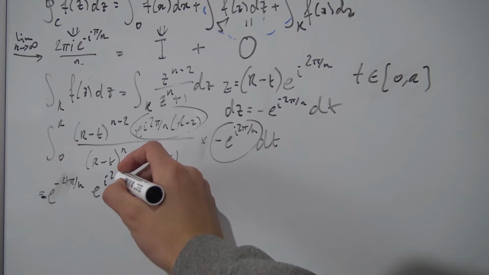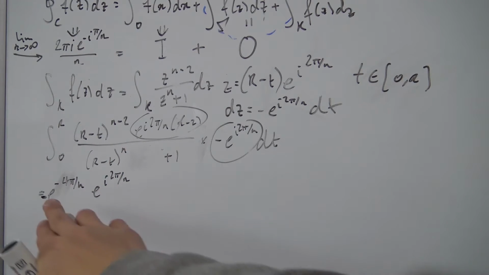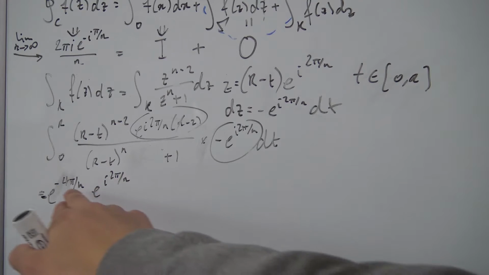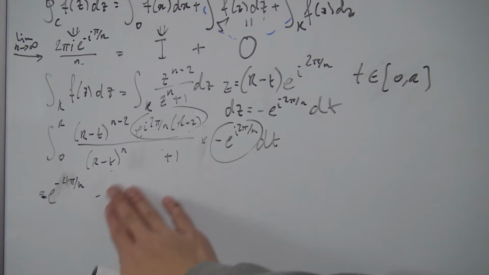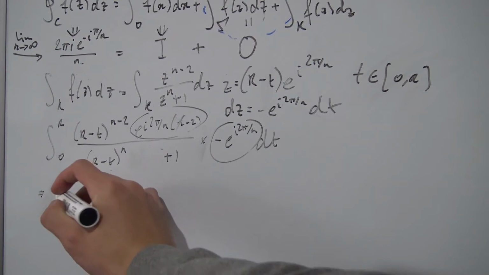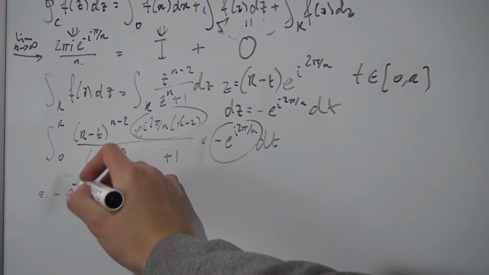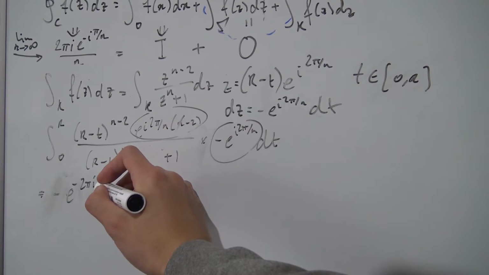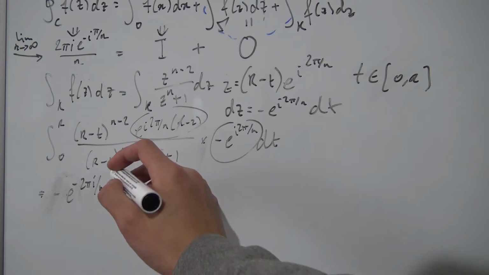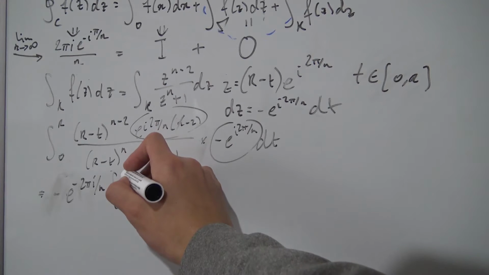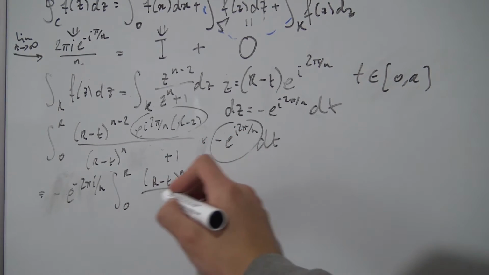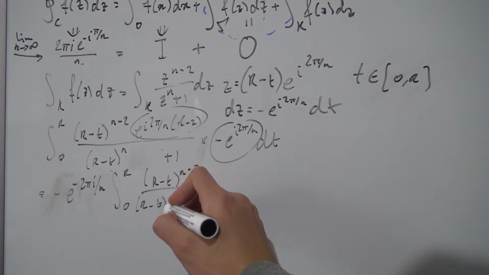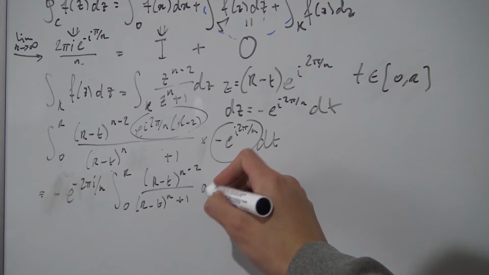E to the I 2 pi over n. And if you simplify this, 2 pi minus 4 pi, that's exactly negative 2 pi. So this whole thing right here, we can rewrite as negative e to the minus 2 pi I over n. And then now we have the integral from 0 to r of r minus t to the n minus 2 over r minus t to the n plus 1 dt.